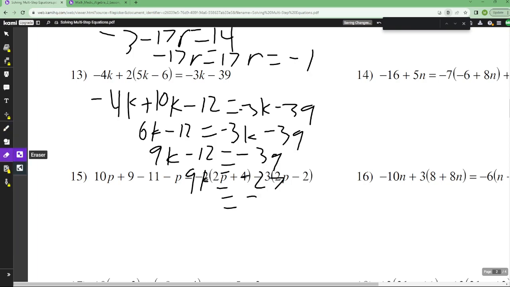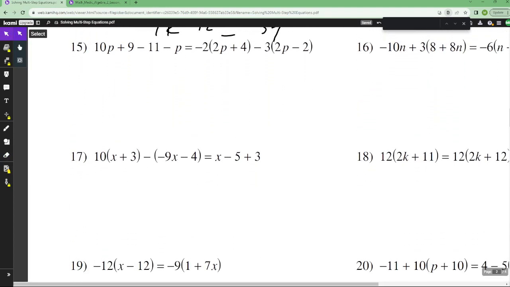Now I'm going to erase this so we have enough room for number 14. First things first, this is a bit more of a complex problem. We're going to combine like terms on one side of the equation.